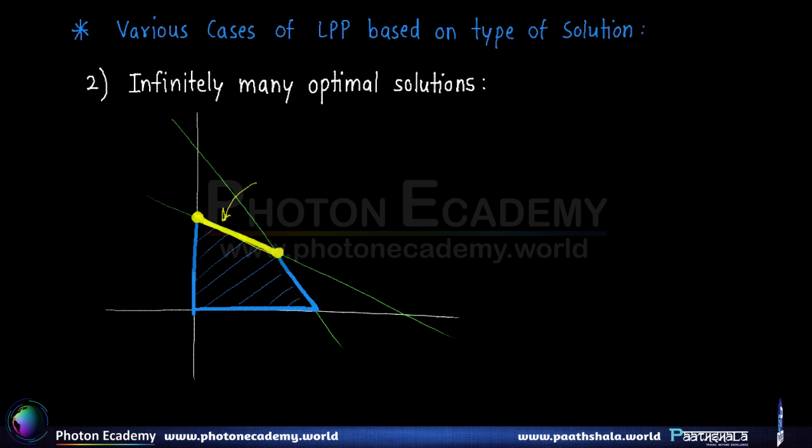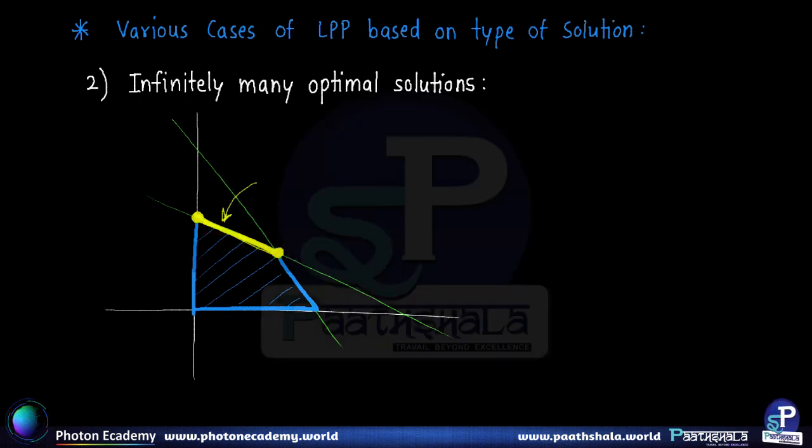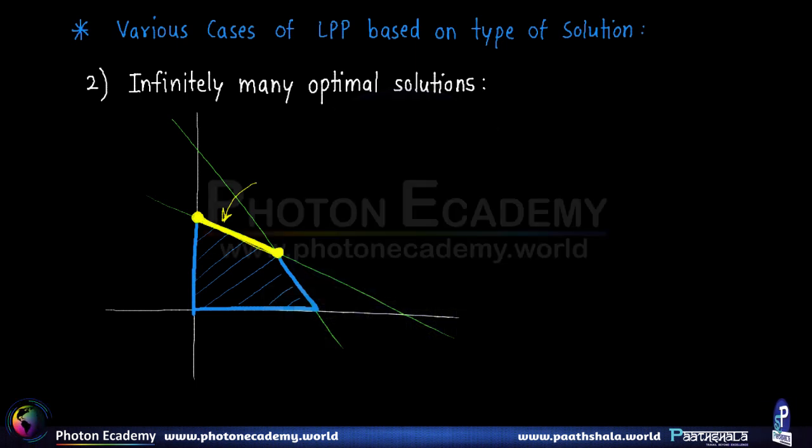Clearly, since there are infinitely many points lying on any edge, this represents the second case of infinitely many optimal solutions. So all of these points will give us the same maximum value of the objective function. A similar situation can occur in the case of a minimization problem also. There might be two vertices which give us the same minimum value of the objective function.